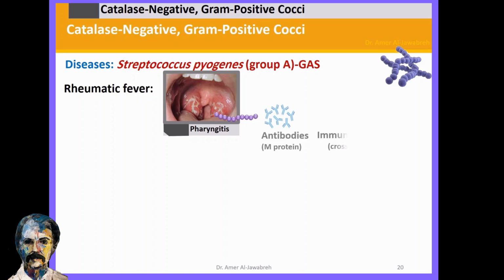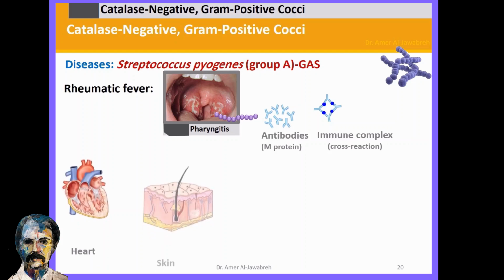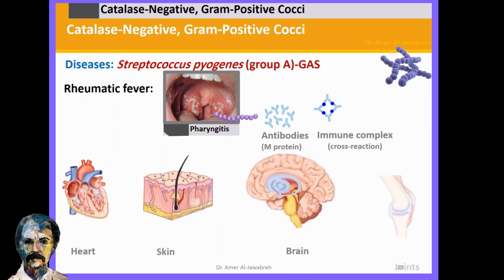Antibodies will be produced against the M protein. What happens then? Immune complex will form, cross-react. So this is an immune complex, a group of antibodies together. That's immune complex. And where does this immune complex go? This immune complex cross-reacts with our heart tissue, or our skin, or our brain even, or our joints.